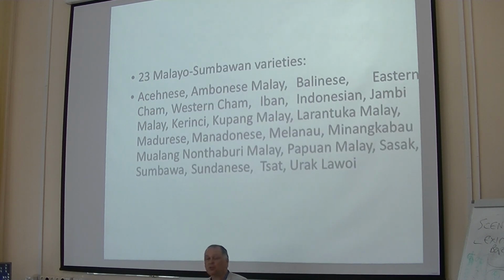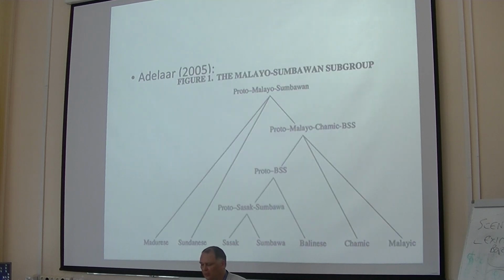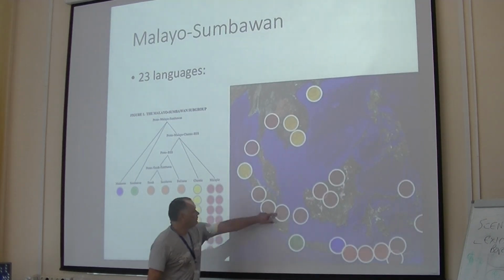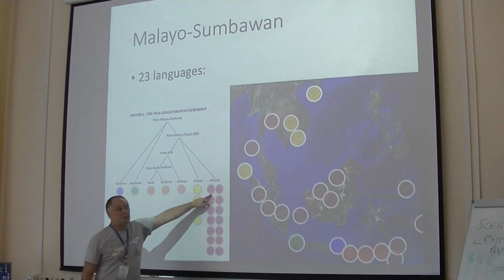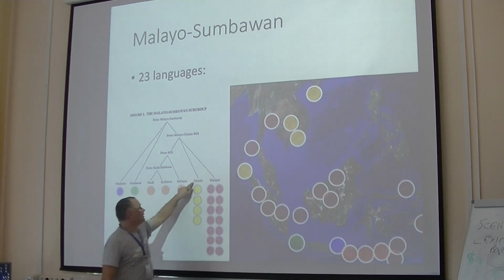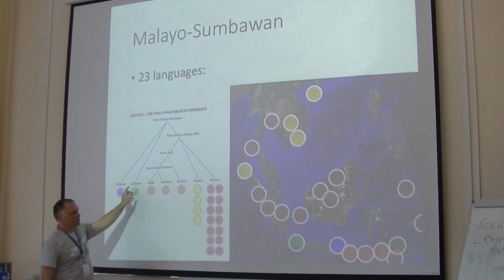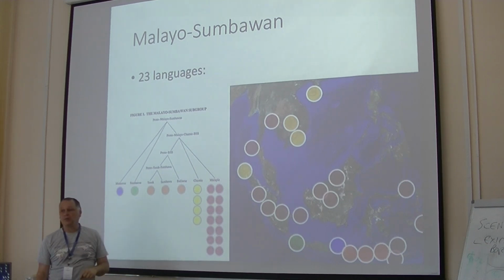This study looks at 23 languages from Indonesia. They're all part of the Malayo-Sumbawan group, and their locations and their affiliations are here. So all of these are Malayic varieties. The yellow ones are Chamic languages, Balinese, Sumbawa, Sasak, Sundanese, and Madurese. That's how they're distributed on the map of Indonesia.